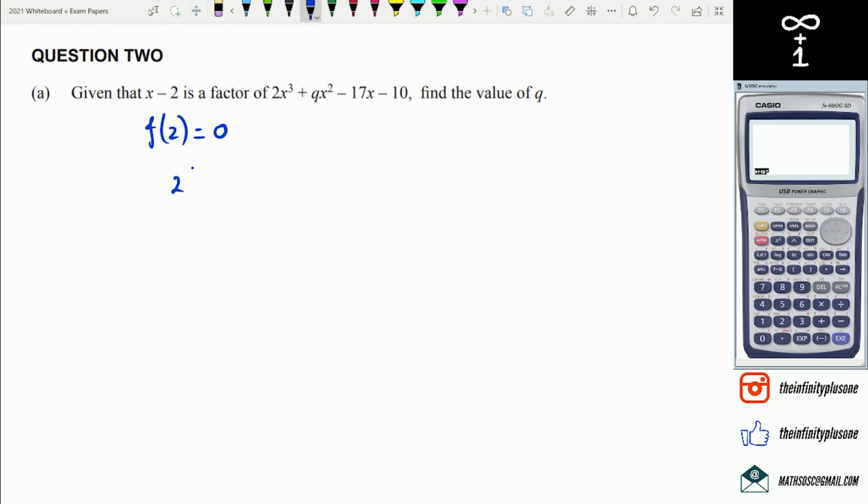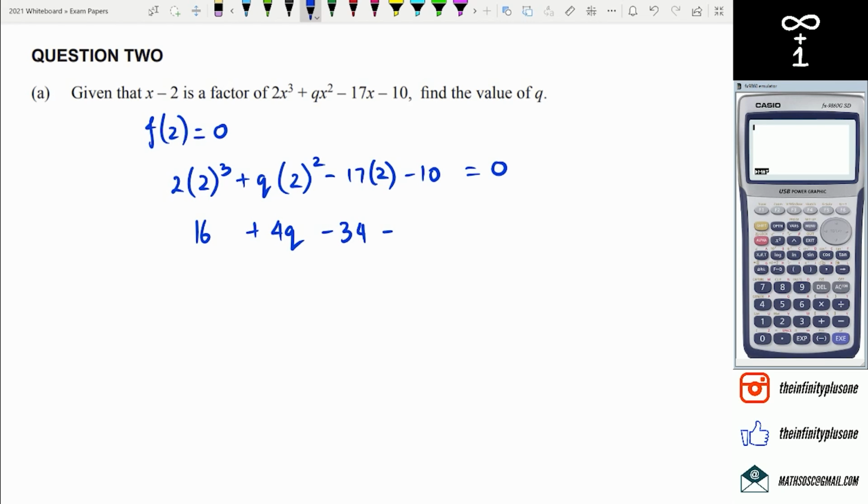So we're going to do that as 2 to the power of 3 plus q, 2 squared minus 17 times 2 minus 10, and all of that is equal to 0. So we've got 18. No, we don't have 18. We've got 16 plus 4q minus 34 minus 10 equals 0.